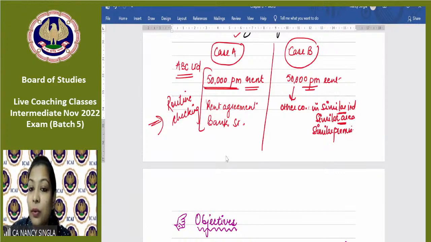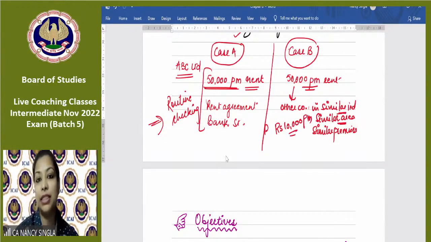And he found out that the other companies are paying rupees 10,000 per month for the same kind of premises situated in a similar area.